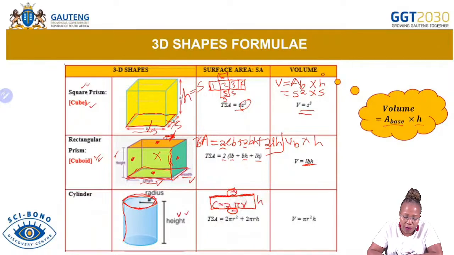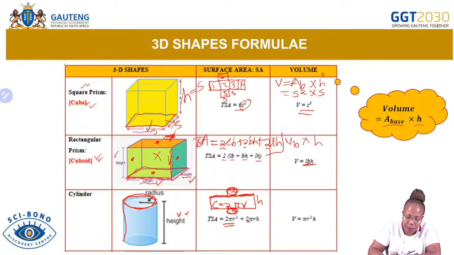The area of the two circles, first and second, and the area of a circle is pi r squared. So we end up with 2 pi r squared for the two circles. And then for the area of the rectangle formed by this cylinder, it will be length by breadth. What is our length this time? It is the circumference, which is 2 pi r.